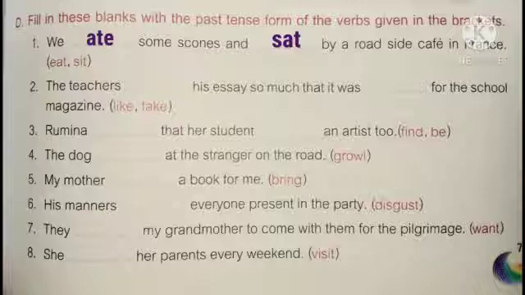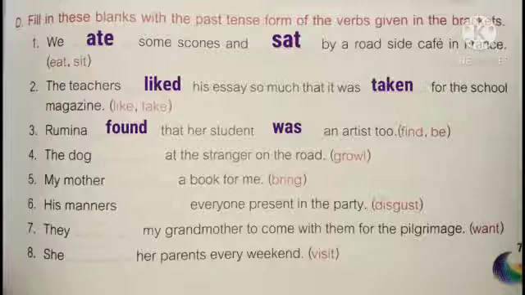Second, the teachers dash his essay so much that it was dash for the school magazine. The teachers liked his essay so much that it was taken for the school magazine. Third, Rumina dash that her student dash an artist too. Rumina found that her student was an artist too.